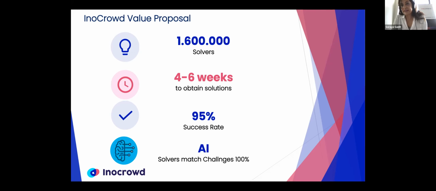But in these 2 years of the pandemic, we saw that all the challenges that were submitted on our platform were linked to improving the efficiency of the organization. So all the challenges are very linked to artificial intelligence and machine learning.